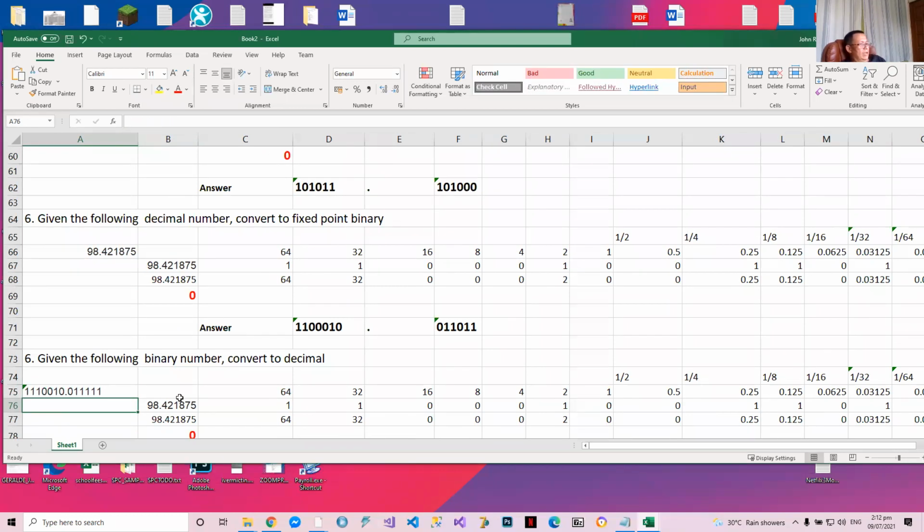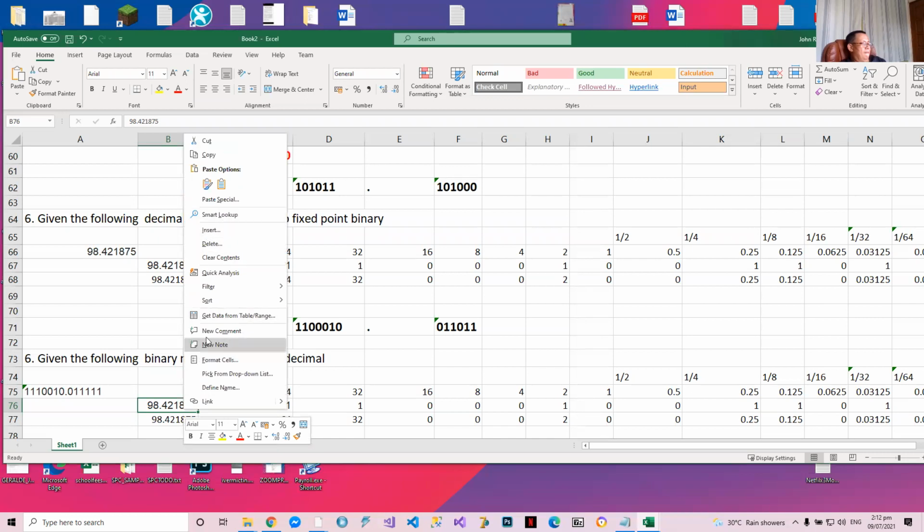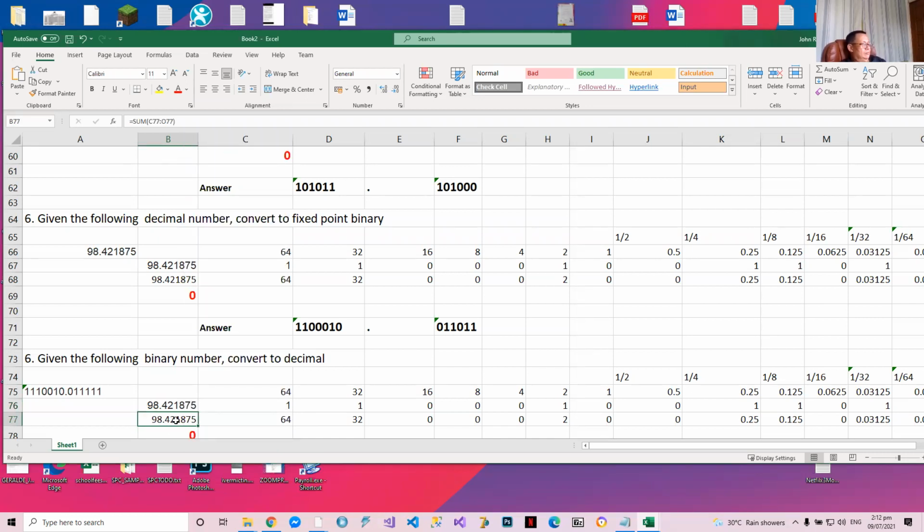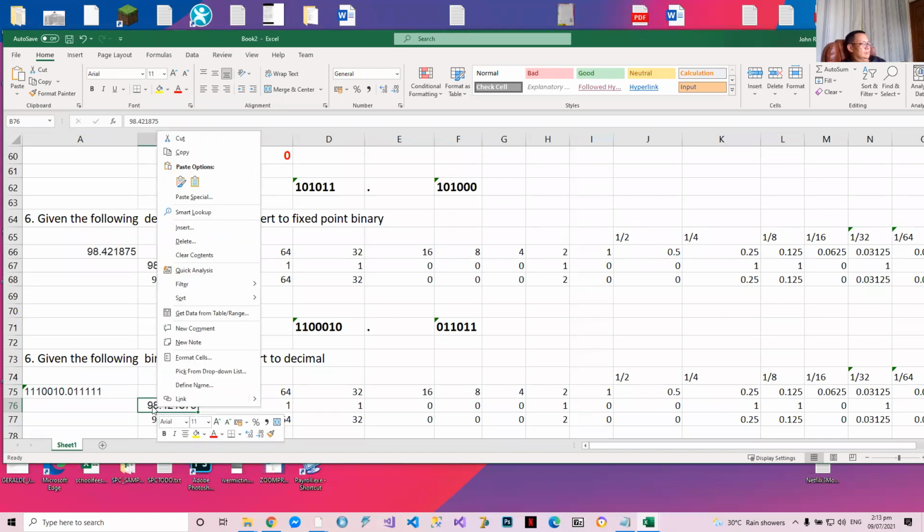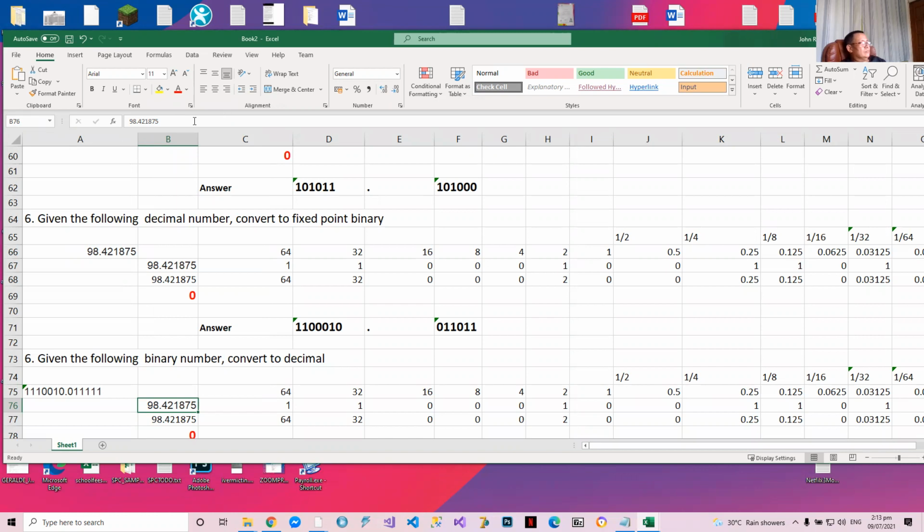Okay. We don't need this. Why won't it delete? I'm not sure what's wrong, no? Just delete this first.